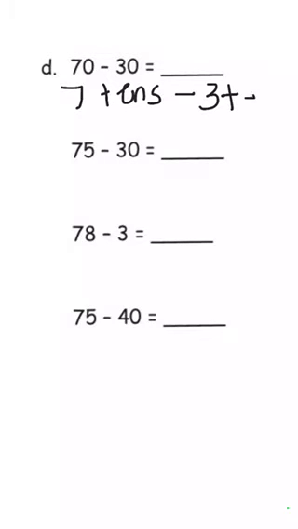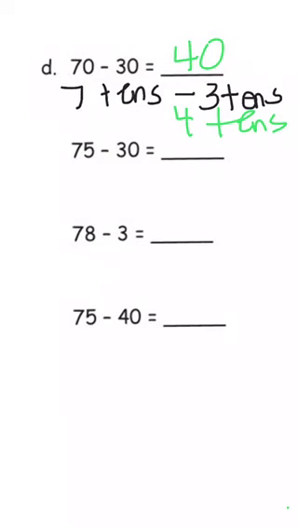If it helps you to write this out and to see it this way, certainly do that. If it helps you to draw a quick 10 for some of the easier problems, you can certainly do that as well. This just helps my brain see it. So 7 tens minus 3 tens, we know that 7 minus 3 equals 4. So the answer would be 4 tens. And we know that 4 tens is the same thing as 40.